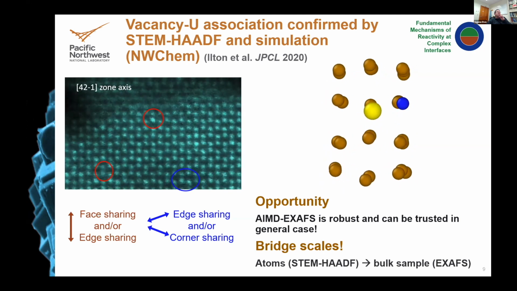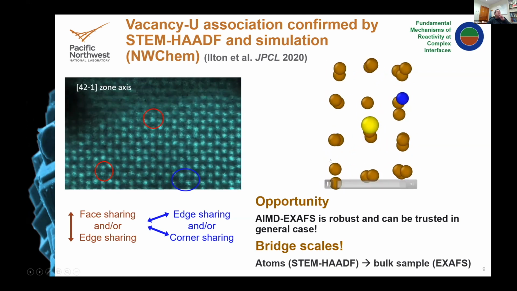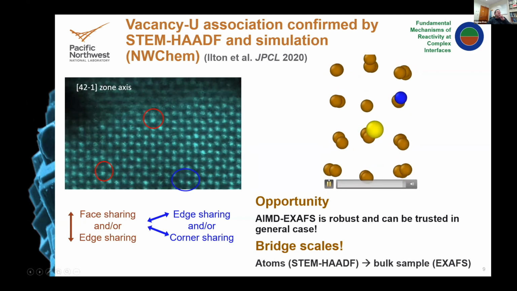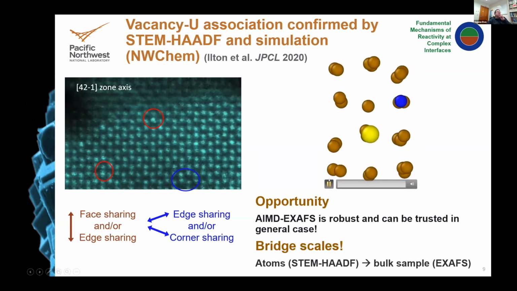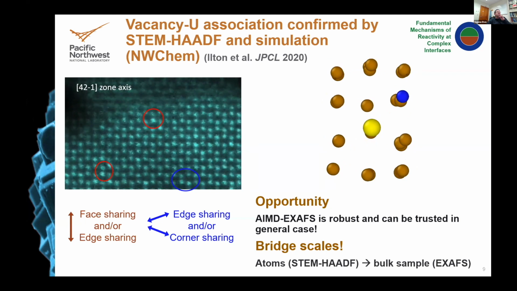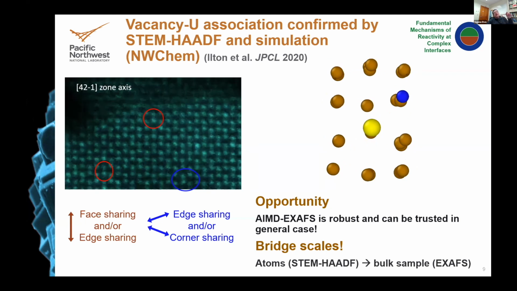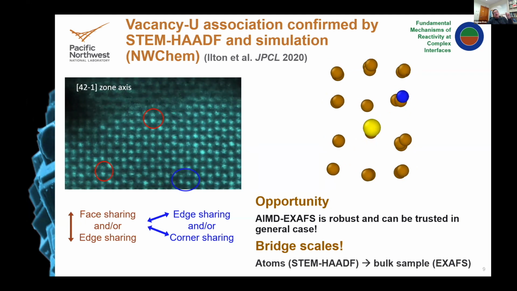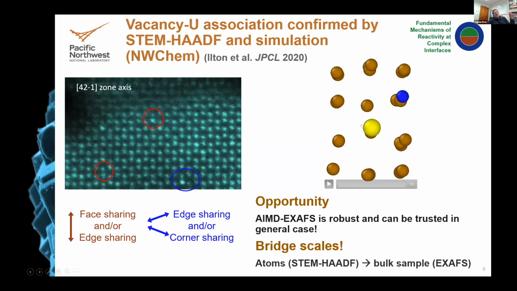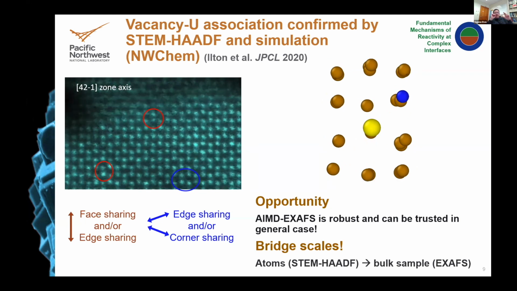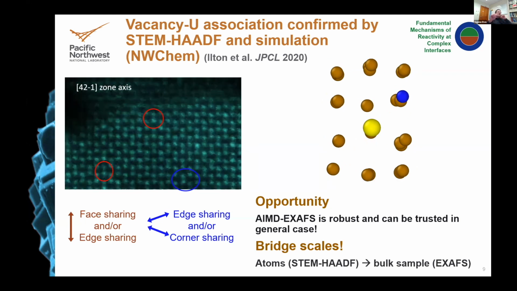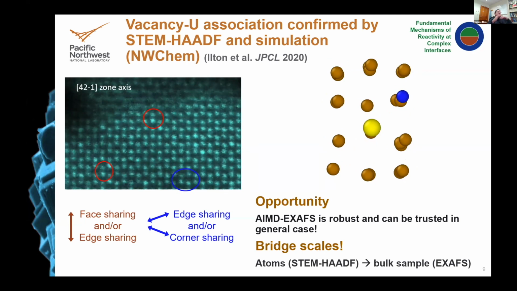And now the uranium atom is going to hop down into that face sharing vacancy below, which we know is a face sharing vacancy. We've also done simulations off zone axis, tilted, and we can actually see that the uranium atom goes into that face sharing site as the three oxygens sort of breathe open; the uranium just sort of skirts right through. Okay, so I think this combination tells us the AMD EXAFS approach is very robust.